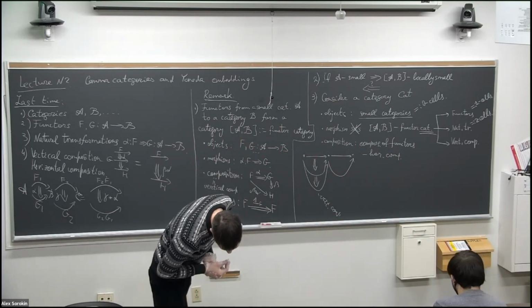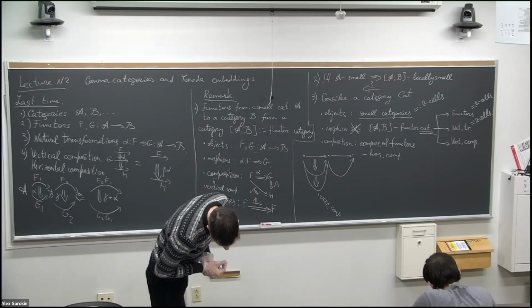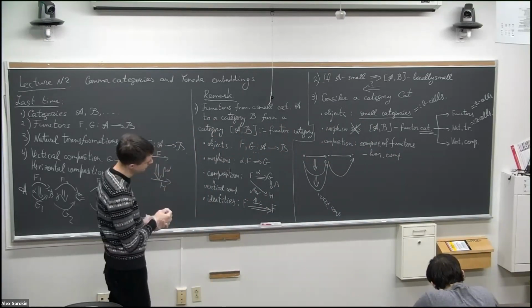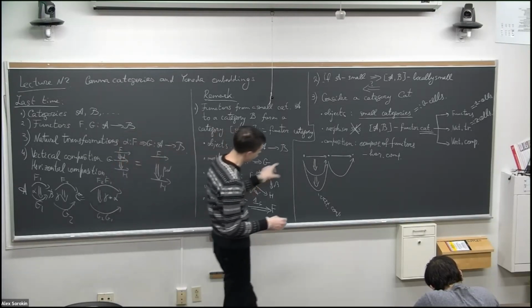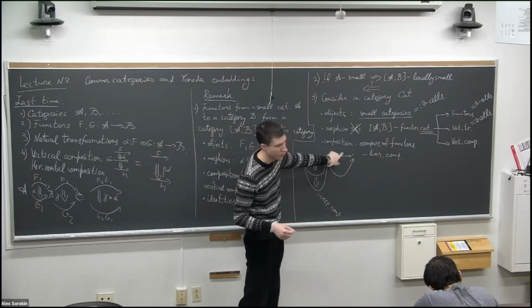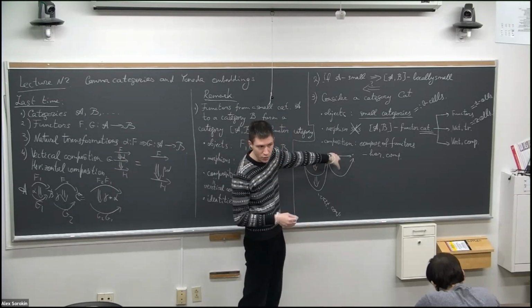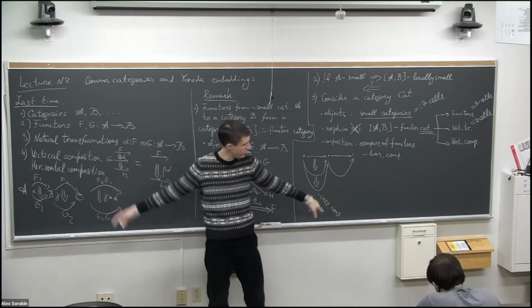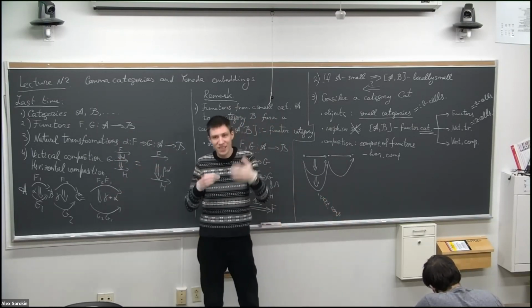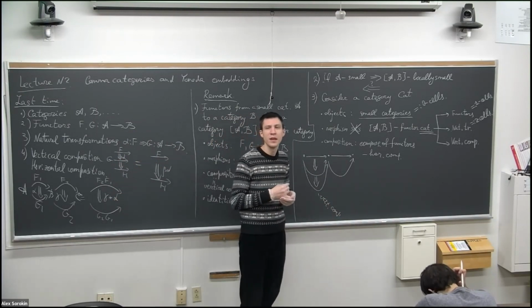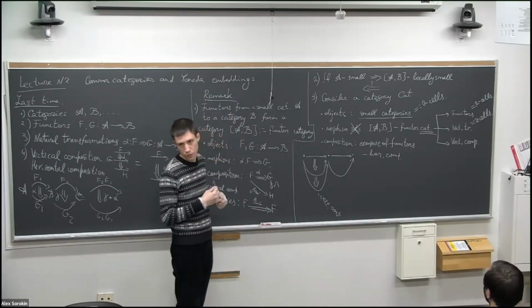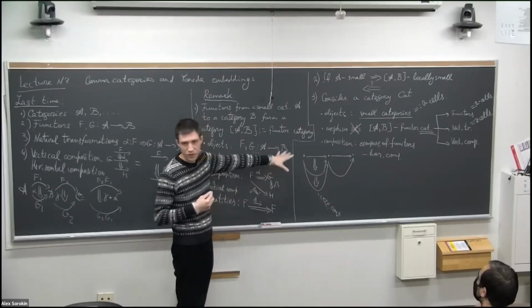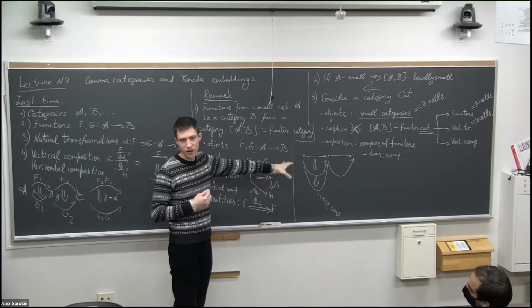Then after this, we can think about composing a natural transformation with a functor, which we called whiskering last time, which is precisely horizontal composition of a functor with an identity natural transformation. And so on. So right now you get the flavor that we are around a very interesting notion.